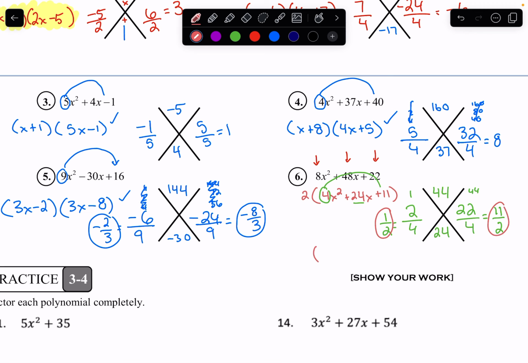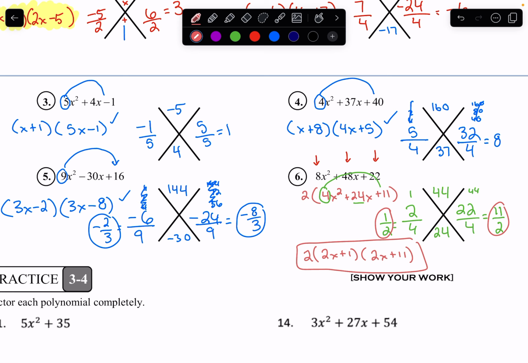So I put 2x plus 1, and I put 2x plus 11. And I've got this 2 up above from earlier that was in front of the parenthesis. I need to put it in front of the parenthesis down here at the bottom still. It's still there. It didn't go away. I just ignored it for a minute while I factored everything else. But then at the end, I put it back in the front.